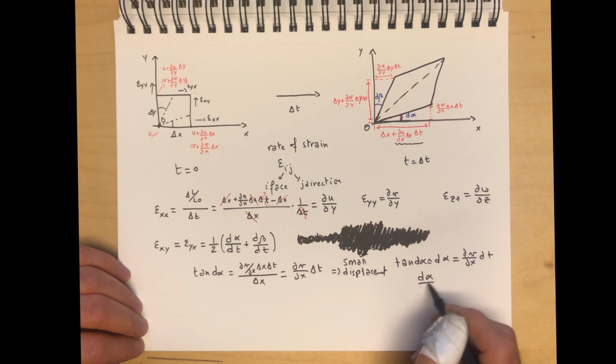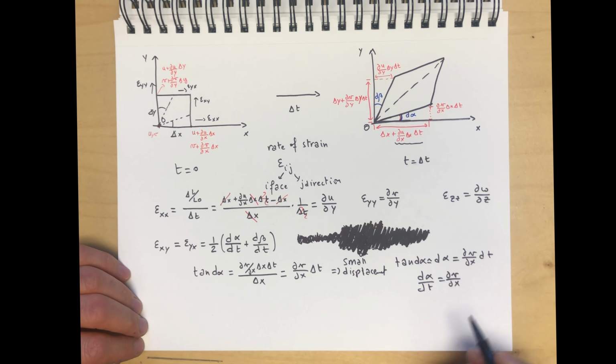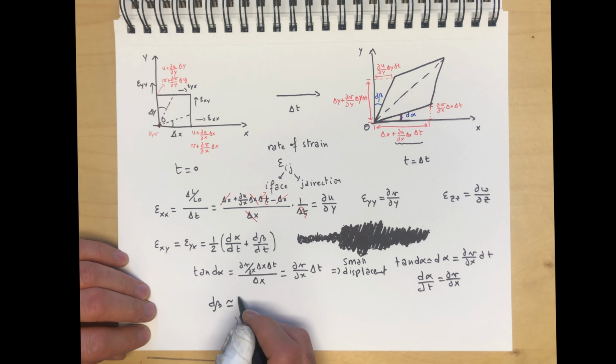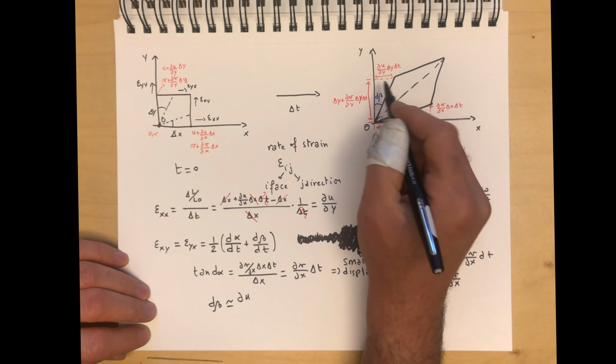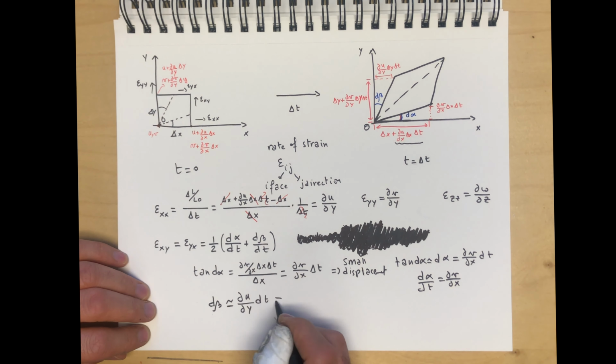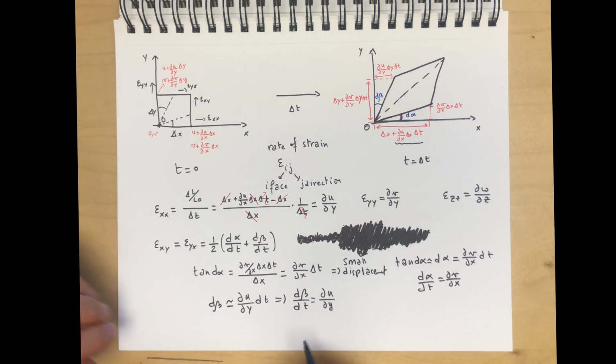So d alpha by dt is equal to dv by dx. And same thing, d beta will be approximately equal to du by dy dt, so that d beta by dt is equal to du by dy.